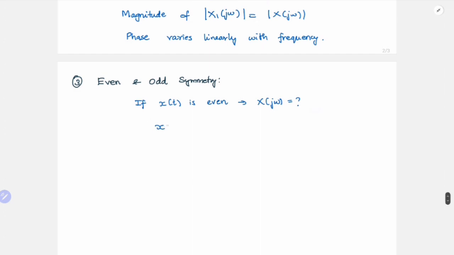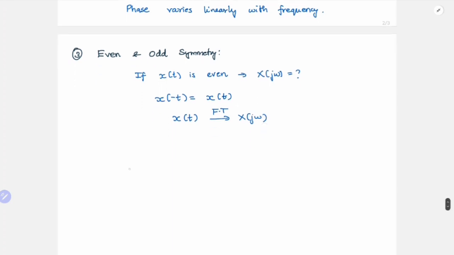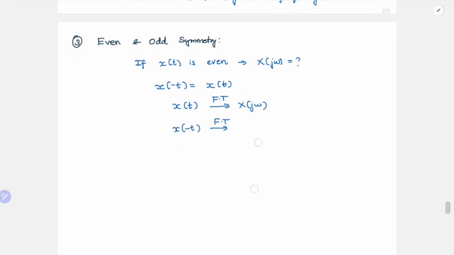So x of t is even, meaning x of minus t is equal to x of t. So let's say x of t has the Fourier transform x of j omega. We want to find the Fourier transform of x of minus t. So x of minus t, Fourier transform we have to find.